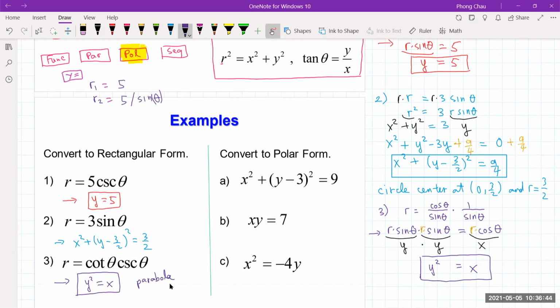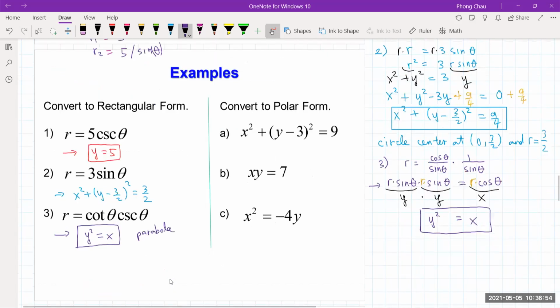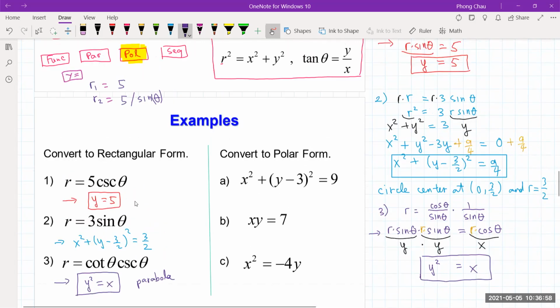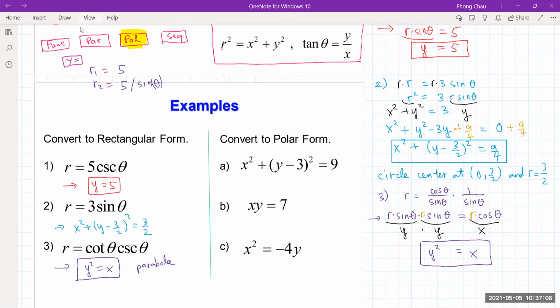Right, so that's how we convert from polar to rectangular equations. Now, the other way around, we would do it pretty similarly.